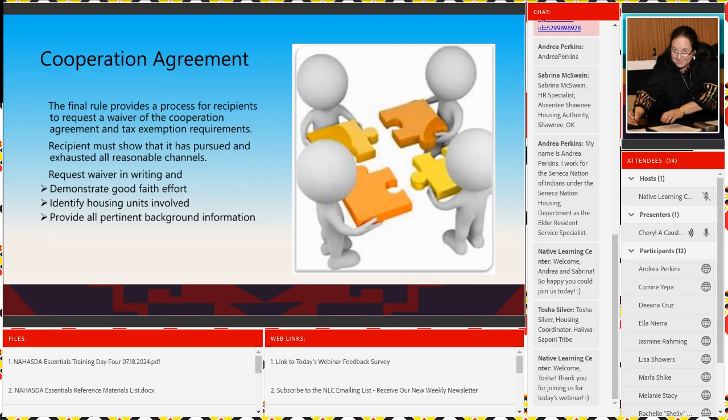And sometimes there's communities that don't want to deal with participants or members of the tribe or the tribe themselves. So request a waiver in writing, demonstrate good faith effort, identify all the housing units involved, provide all pertinent background information.